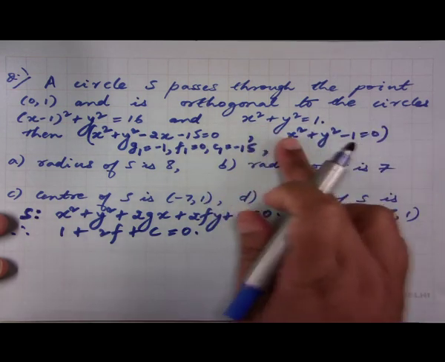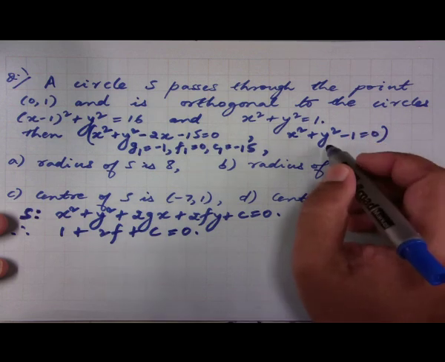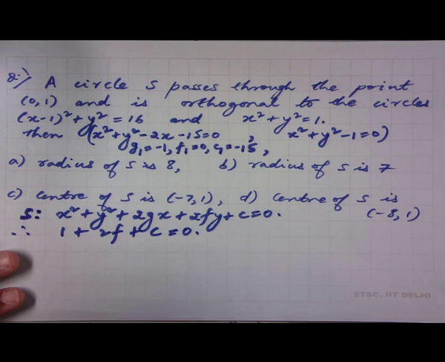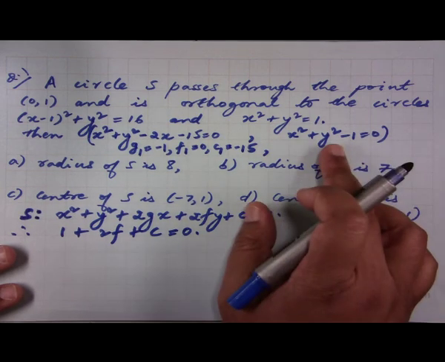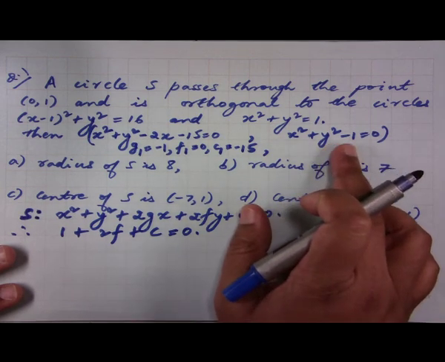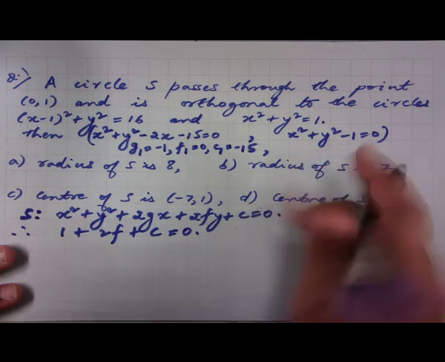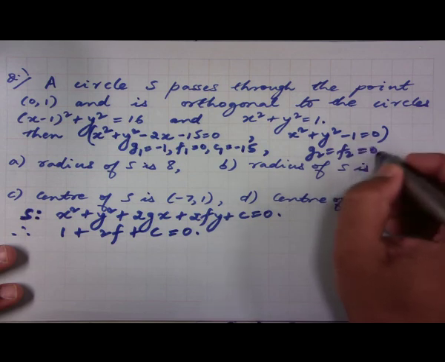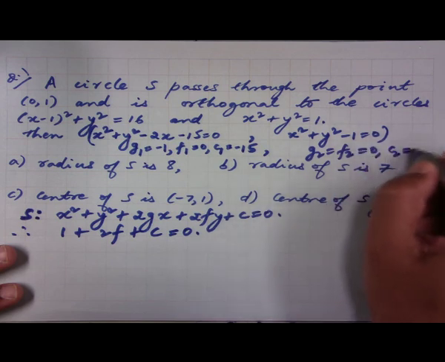Similarly, for this second circle, if we consider this to be x square plus y square plus 2 G2 x plus 2 F2 y plus C2 equal to 0, then clearly G2 and F2 are both zeros and C2 is minus 1.